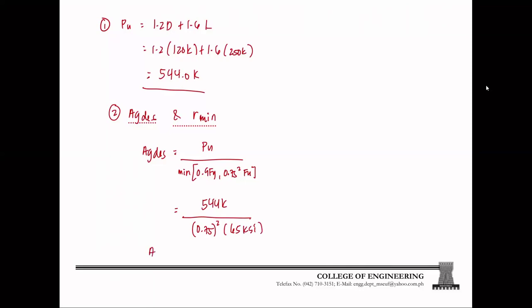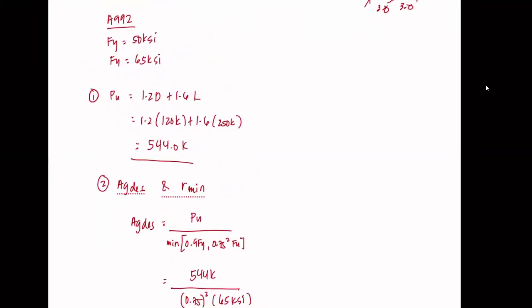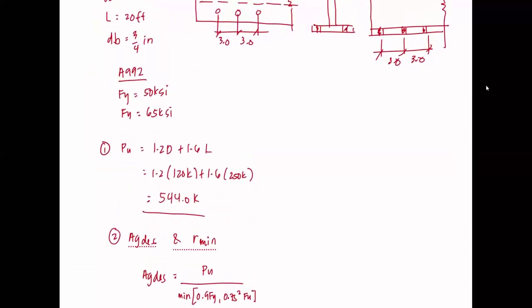So Ag design is 544 over 0.75 times 65, which is 14.879 inches squared.